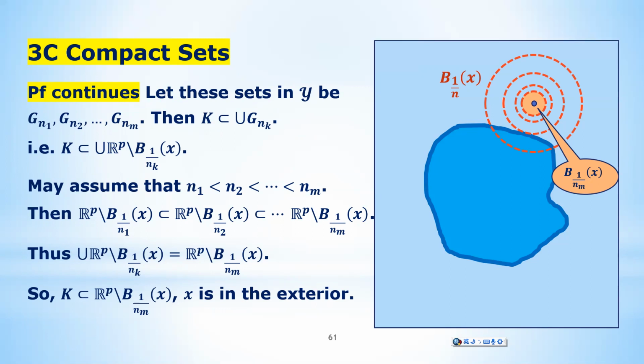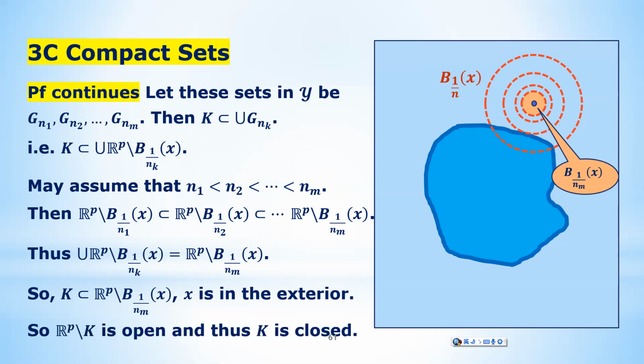So X has to be an exterior point, because you have a ball surrounding X which is outside of K. So this means that X is an exterior point.